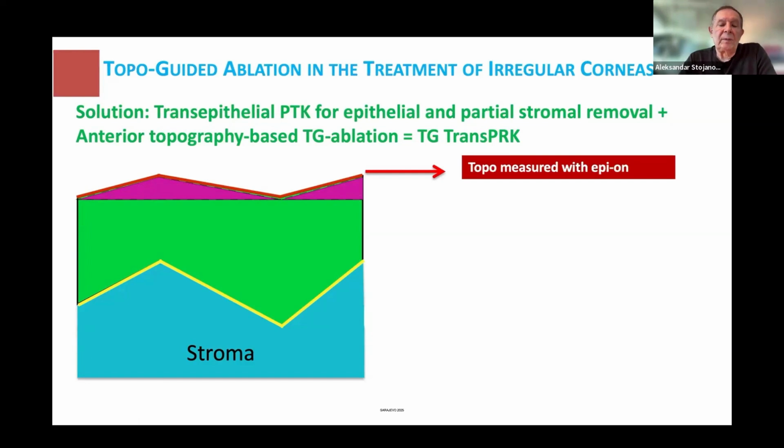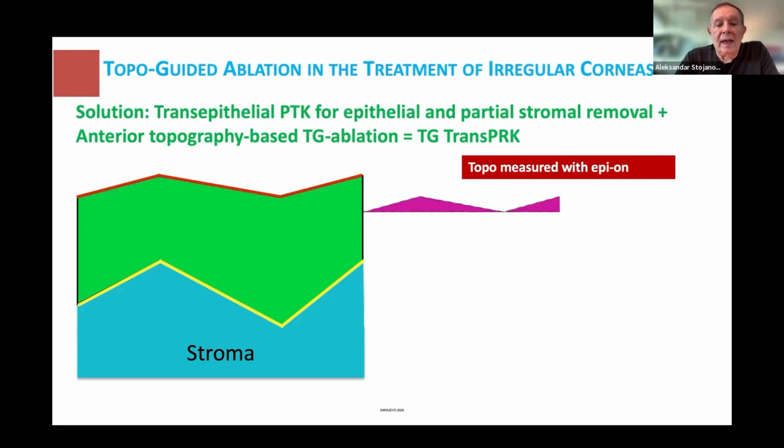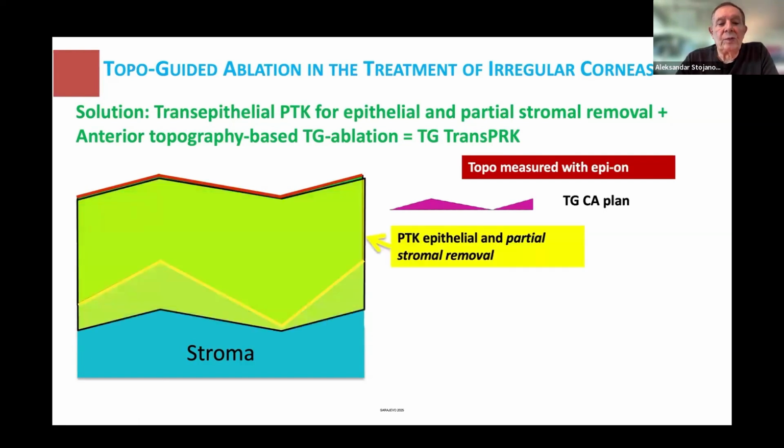We measure topography with epithelium on like before and design our topo-guided custom ablation plan, but instead of removing the epithelium by alcohol or mechanically, we do program transepithelial PTK with a thickness based on the thickest point of the epithelium. That way, our ablation will consist of all the epithelium, which is in yellow, and the strong protruding stroma, which was remodeled by the epithelium in our striped area.